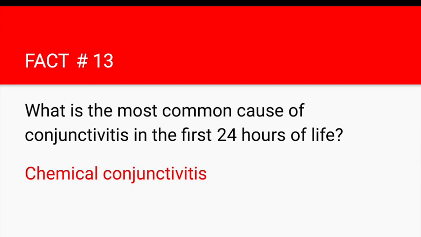However, following that, within 2 to 7 days, the most common cause is gonorrhea. Then at 5 to 14 days, the most common cause is chlamydia. So that's like CGC for the timing of these conjunctivitis. C for chemical, G for gonorrhea, C for chlamydia. CGC.